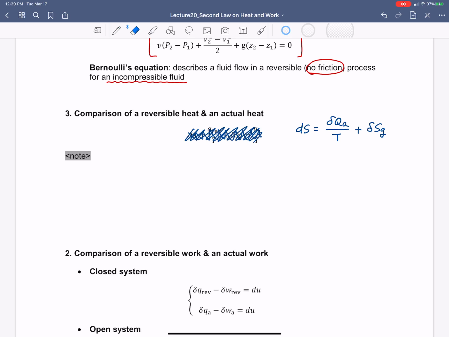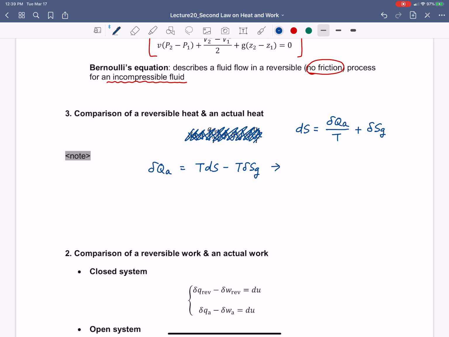Where, as you know, the δSg is actually the entropy generation, which is always greater than or equal to 0. Then what you can write is δQa, the amount of actual heat transfer, can be written as TdS minus TδSg.